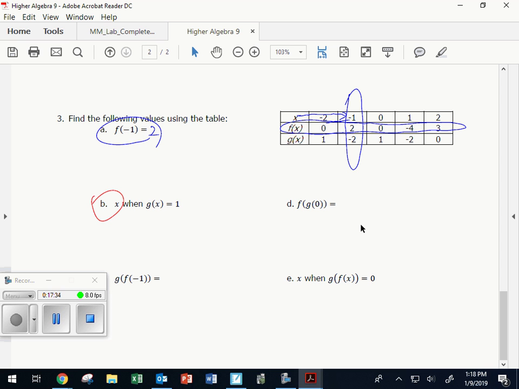I like it. So I'm going to go to the g of x function, which is right here. And then since g of x equaled 1, does that mean I should go up here and say x equals 1? No. That's where x is. X isn't equal to 1. G of x is equal to 1.